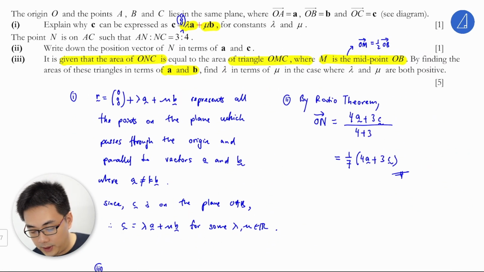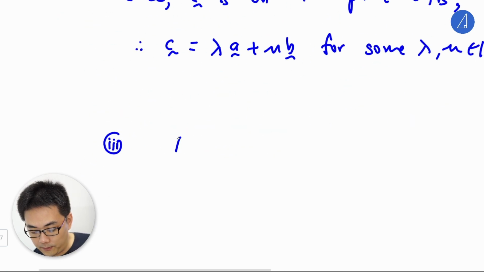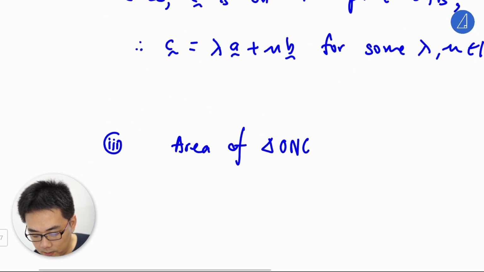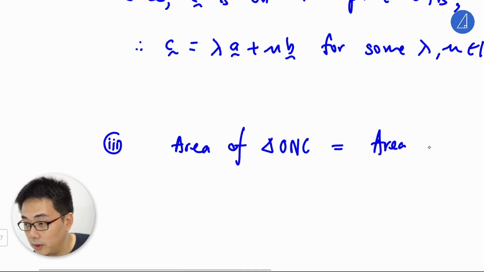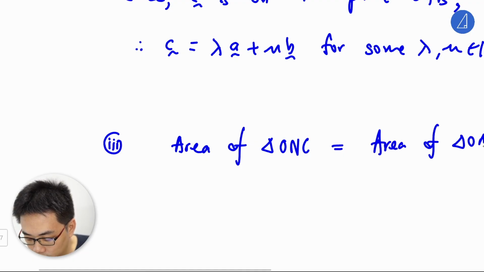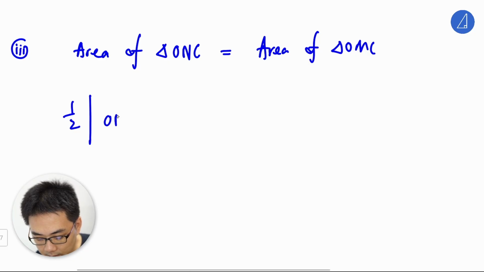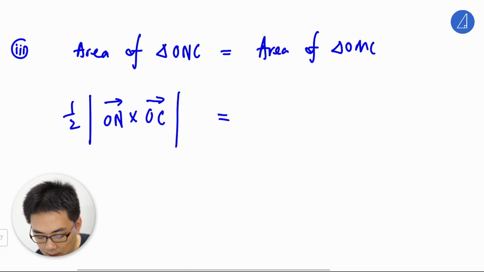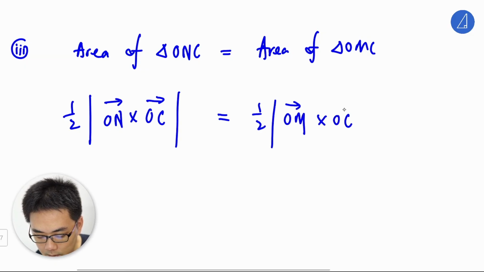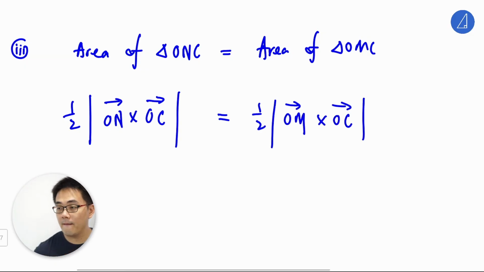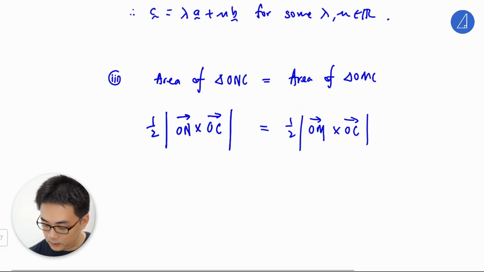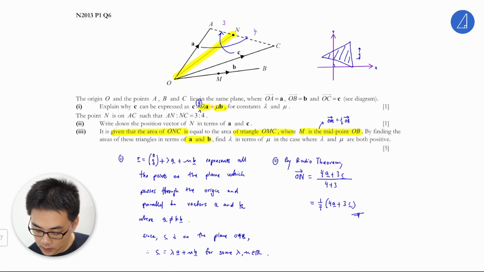It's given that the area of triangle ONC is equal to the area of triangle OMC. ONC will just be half ON cross OC, and this is half OM cross OC. You just look at the diagram.